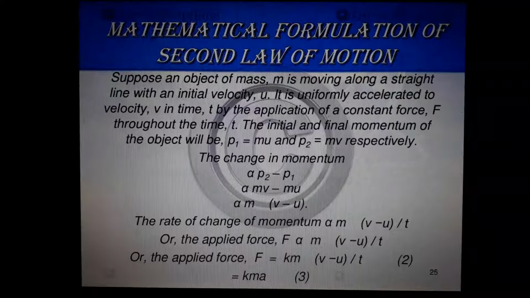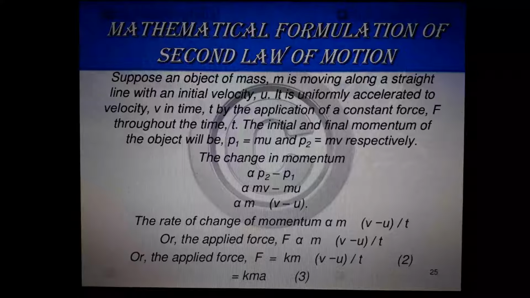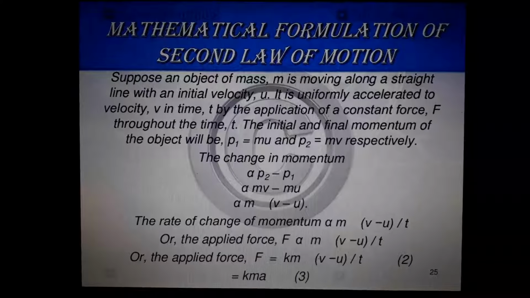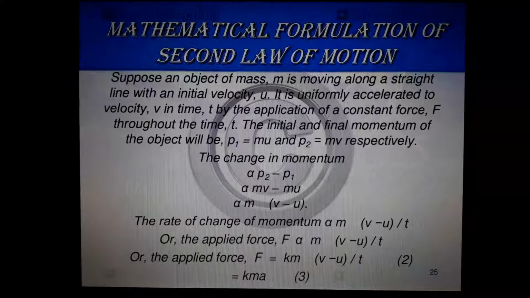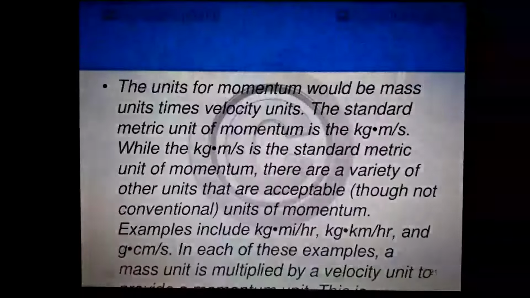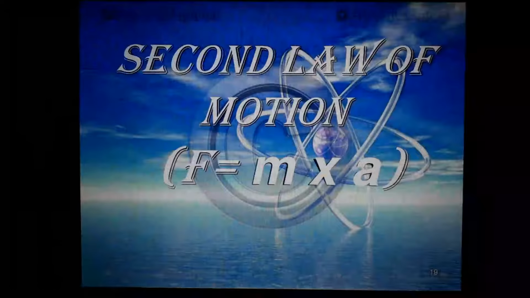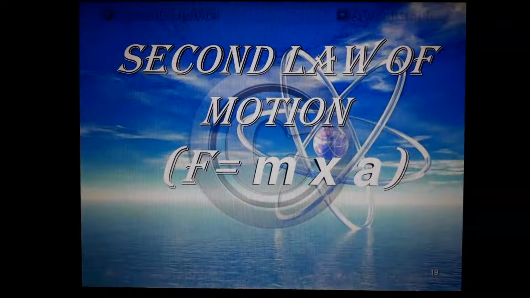You studied in the last chapter: v minus u is equal to at, so (v minus u) by t is acceleration, a, isn't it? Isn't that simple? You know how we got the derivation of F equals ma. What is a? (v minus u) by t.